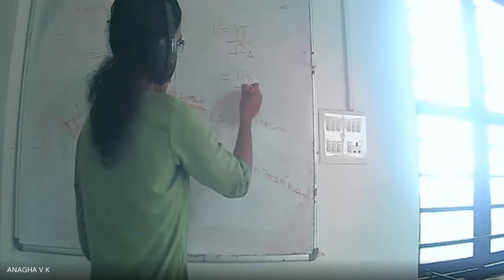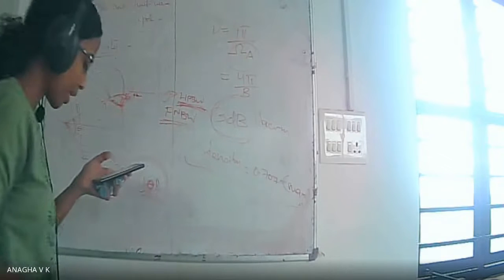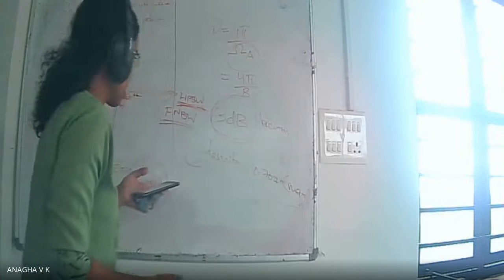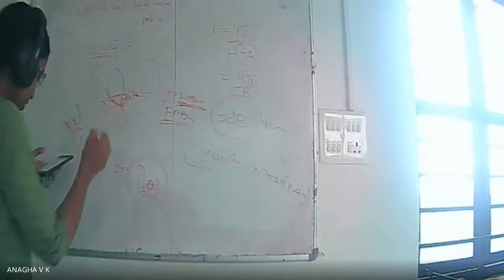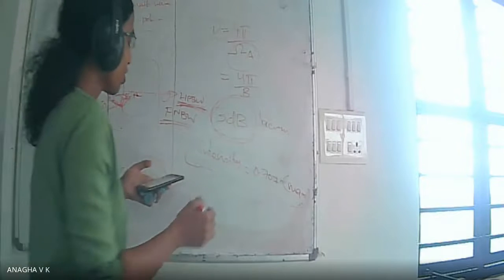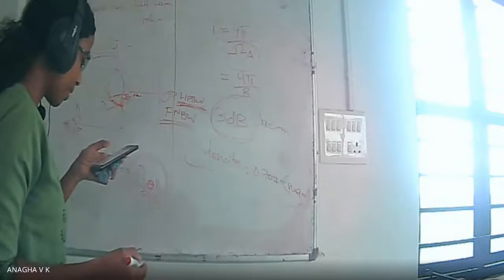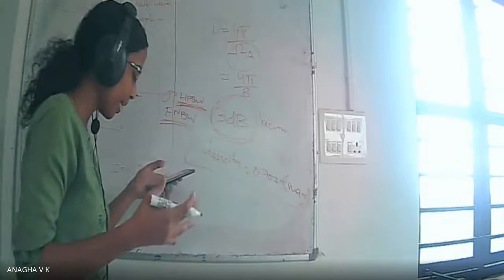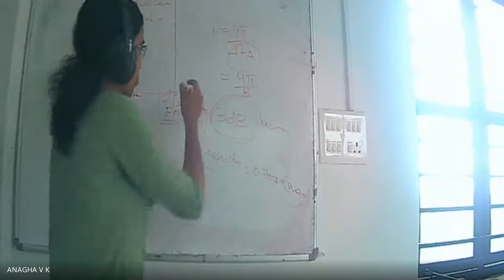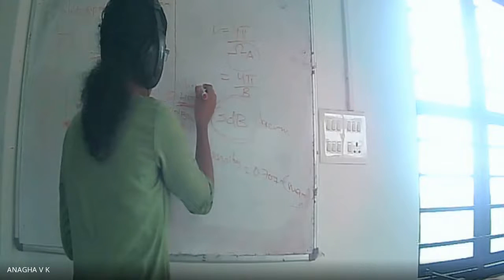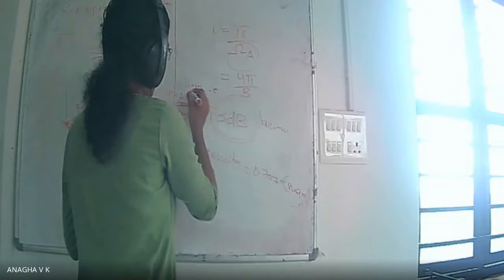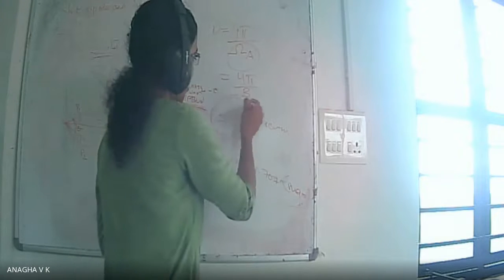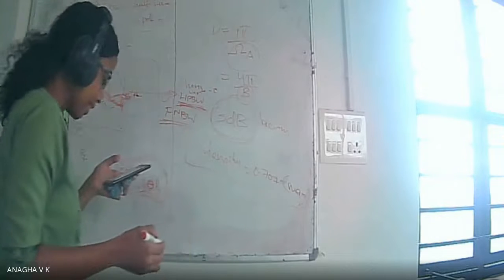We can write it as 4 pi by B. Since the radiation pattern is three-dimensional, the major lobe area may be given by the product of the beamwidths in the horizontal and vertical planes, that is the E plane and H plane. What is the horizontal plane? E plane. What is the vertical plane? H plane. So here B is what?